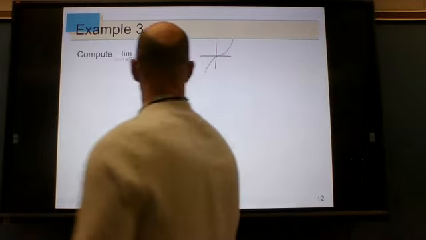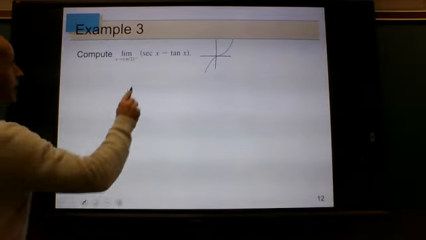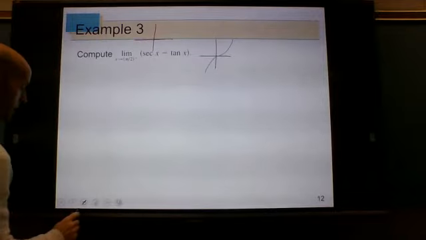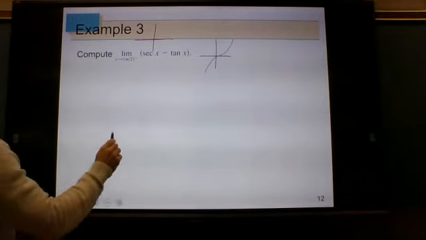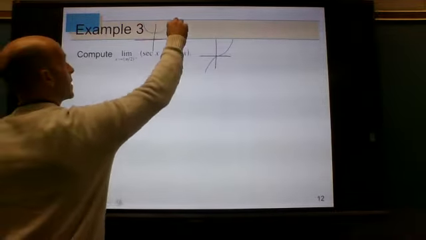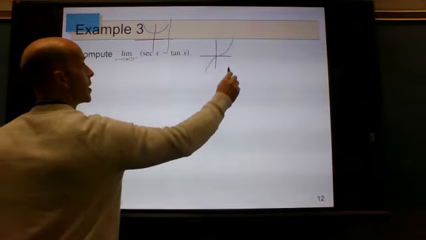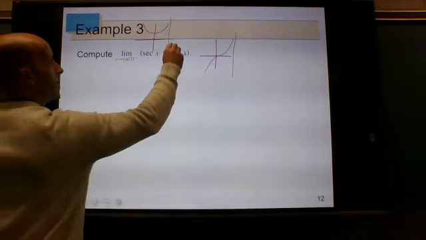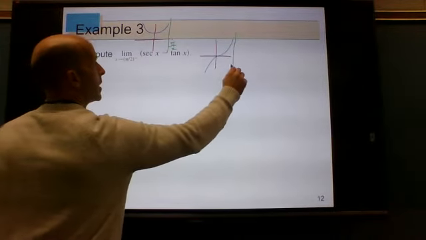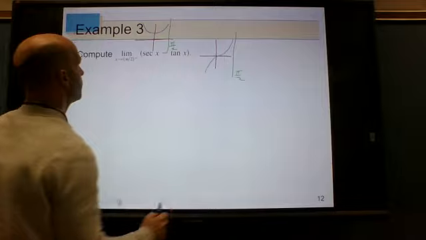And then the secant curve looks something like this. And by the way, this is a vertical asymptote, and it turns out to be at pi over 2. And this is also at pi over 2.